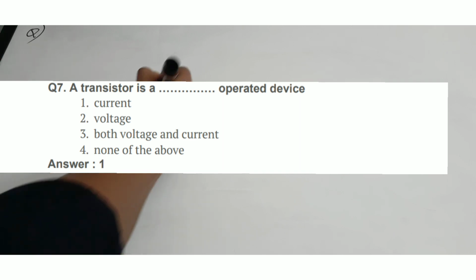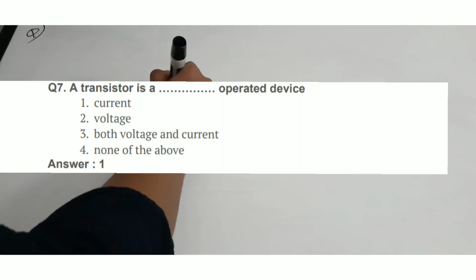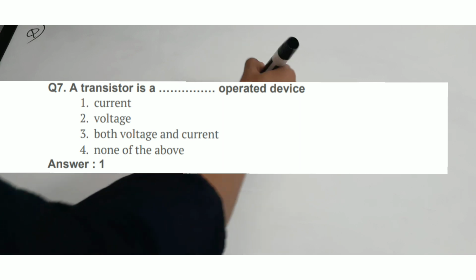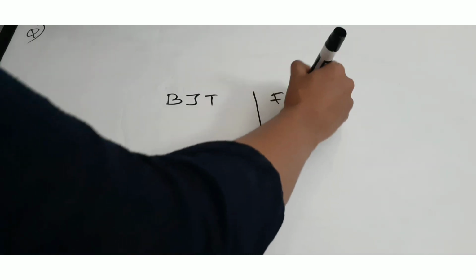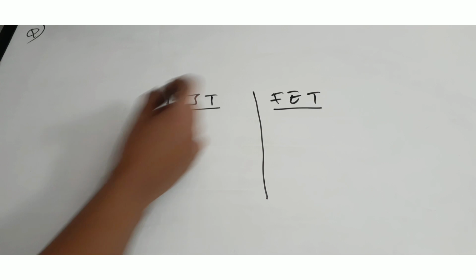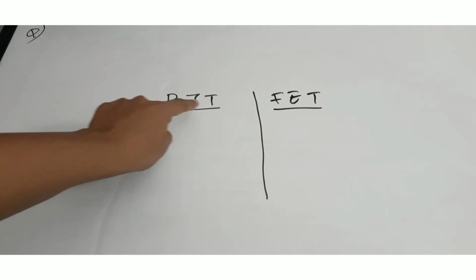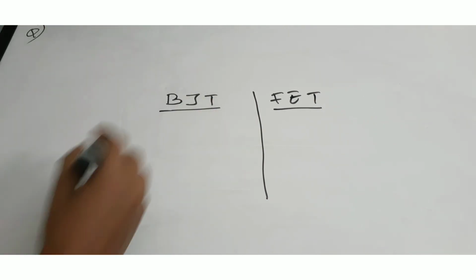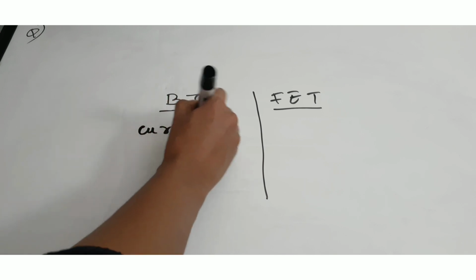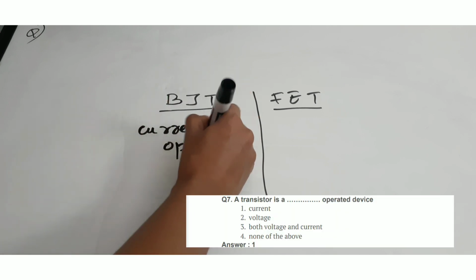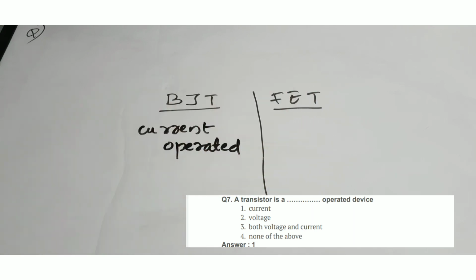So there is BJT and then there is FET. BJTs are bipolar junction transistors and they are current operated. Then there are FETs, which are called field effect transistors.